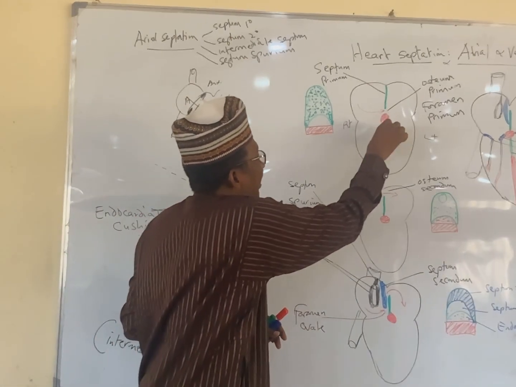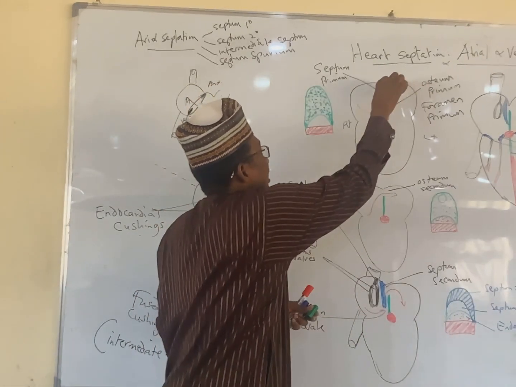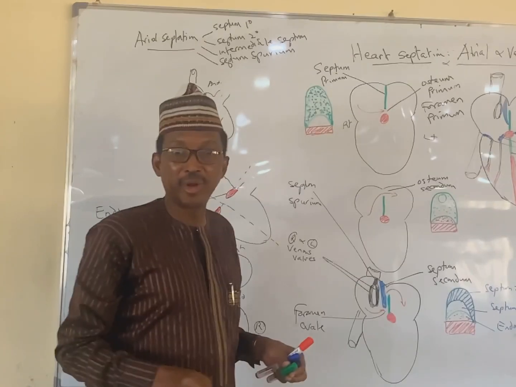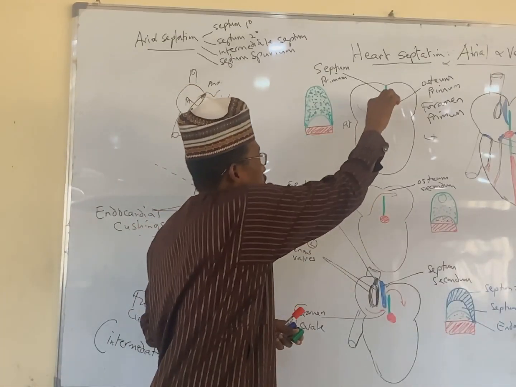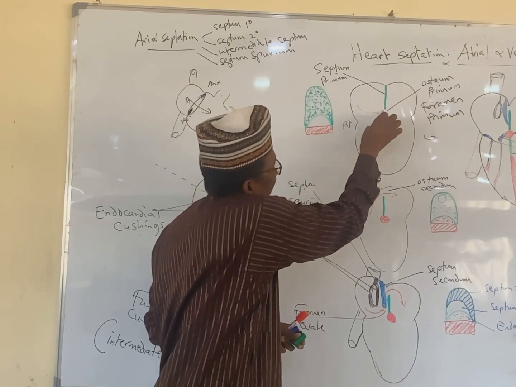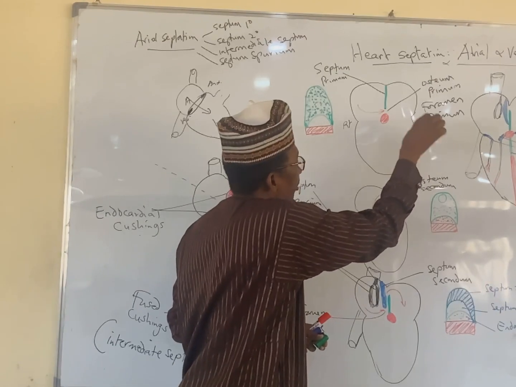So finally, this septum primum, as it descends from the roof of the common atrium, approaches towards the endocardial cushion or the intermediate septum, thereby leaving this opening known as ostium primum or foramen primum.